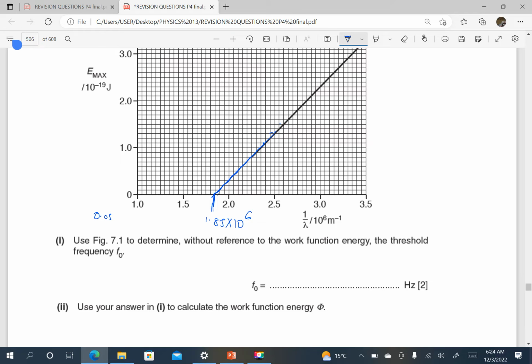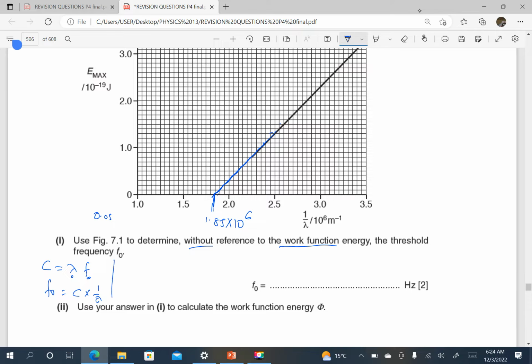Use the figure to determine, without reference to the work function, the threshold frequency. That is very simple. Since we are not going to refer to the work function, we also know that c equals lambda times f. So c will be lambda naught times f naught. That means f naught is going to be c times 1 over lambda naught.